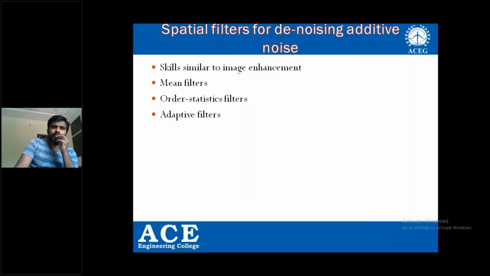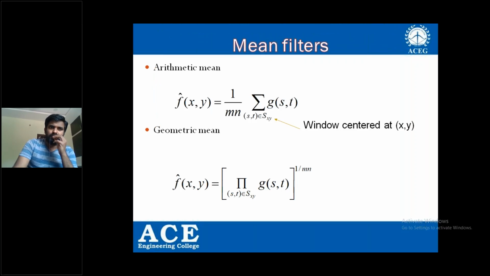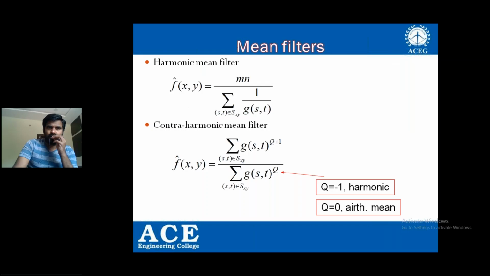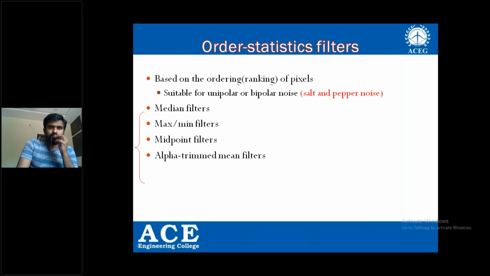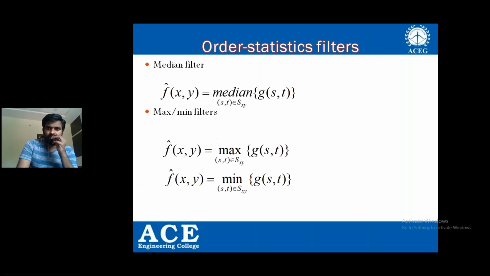Later for restoration we started the algebraic approach, where we saw mean filters: arithmetic mean, geometric mean, harmonic mean, and contra harmonic mean filters. These are already discussed, no need to worry. Coming to order statistics filters, we discussed the median, max and min filter, midpoint filter, and alpha trimmed mean filter.